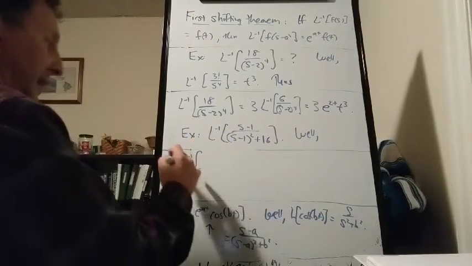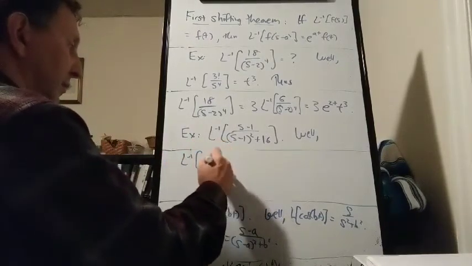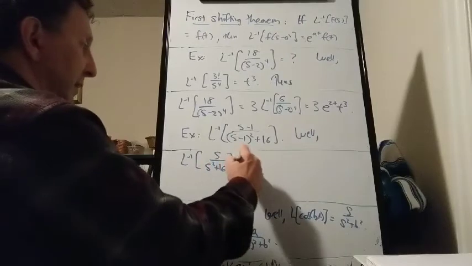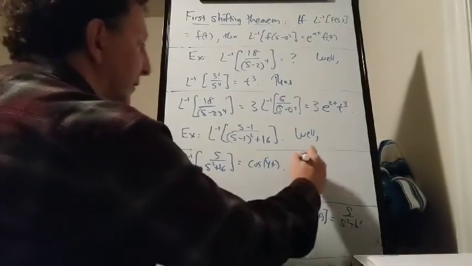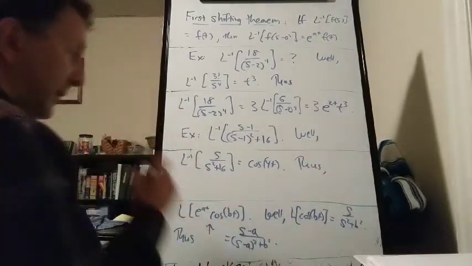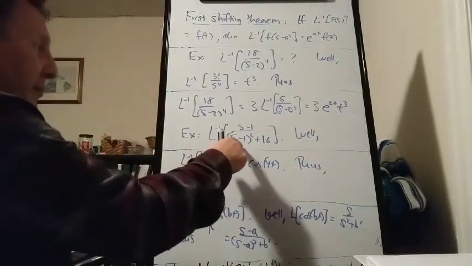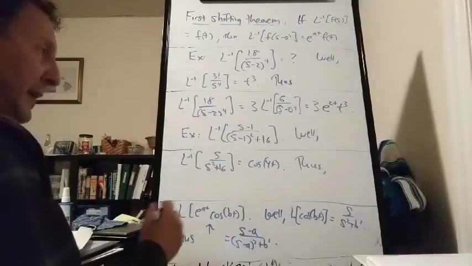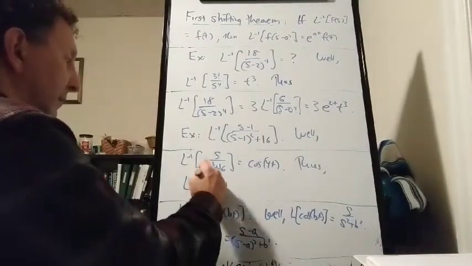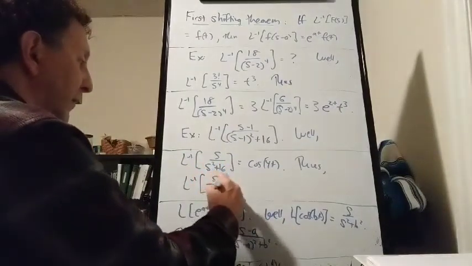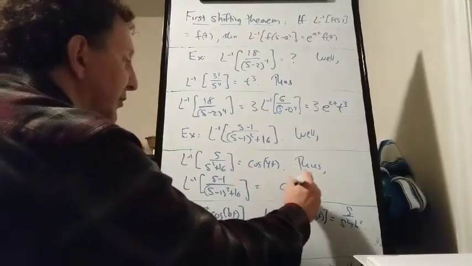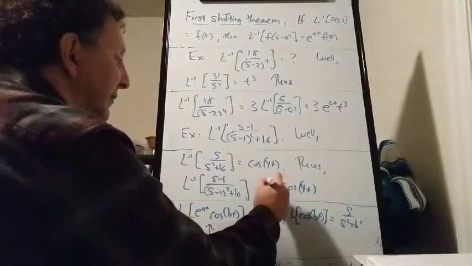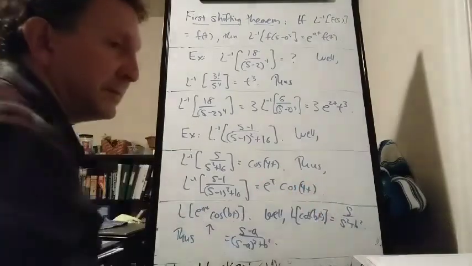And we know that L inverse of s over s squared plus 16 is cosine of 4t. Now since we see s minus 1 everywhere, where we expected to see an s, we write down cosine 4t, and we just have to multiply by e to the t.